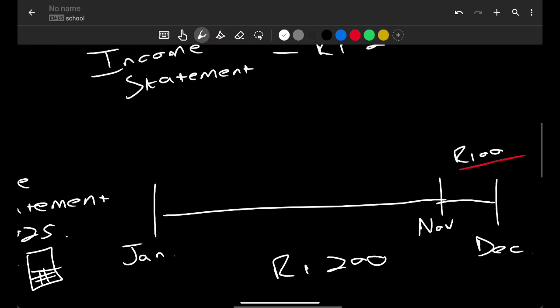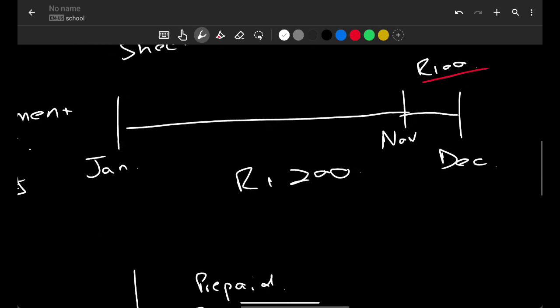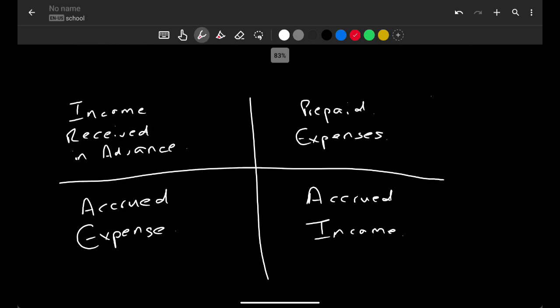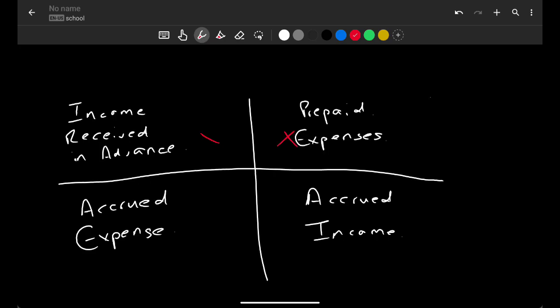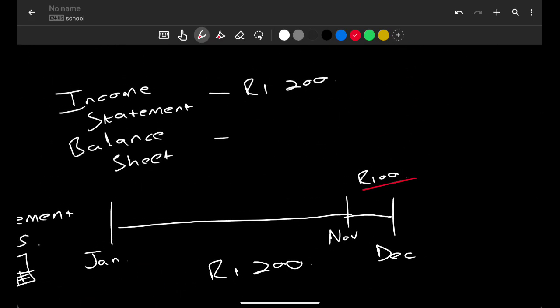Therefore, this 100 Rand is going to be reflected in your balance sheet. And under your balance sheet, it's going to be one of these four accounts, right? So it's going to be 100 Rand there.